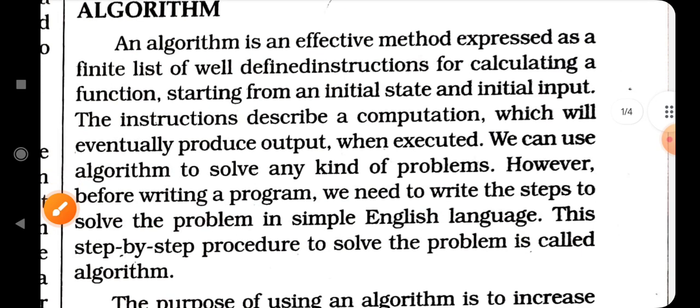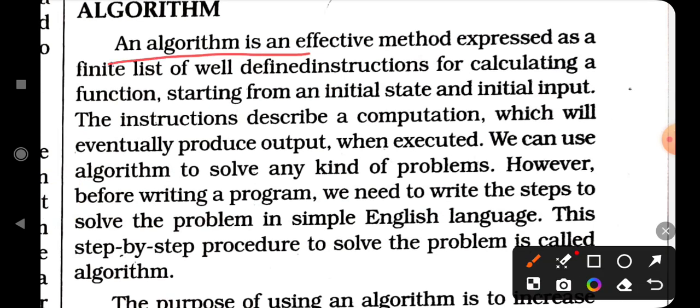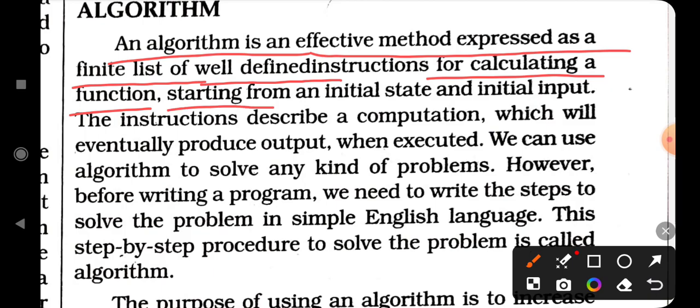Algorithm. An algorithm is an effective method expressed as a finite list of well-defined instructions for calculating a function, starting from an initial state and initial input.